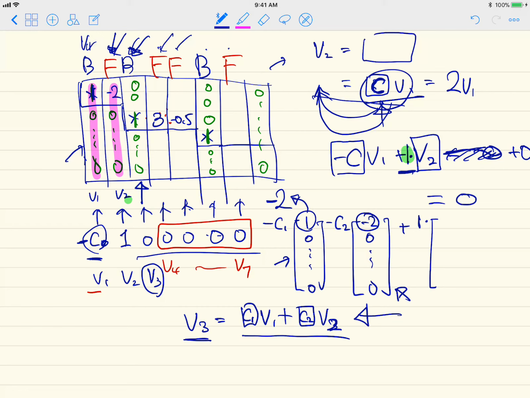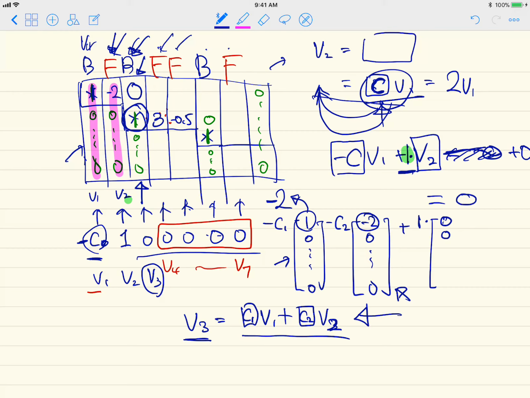V3 is this guy. V3 had a pivot in its own column. So here we should have only one entry here, because this third variable will have the next pivot.